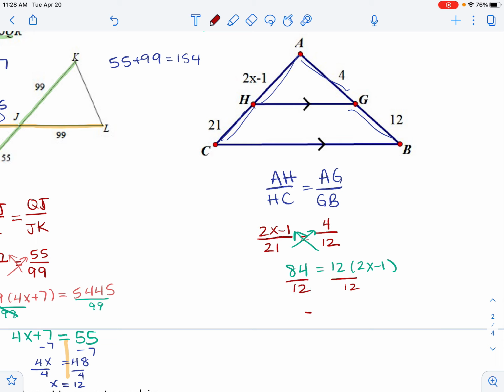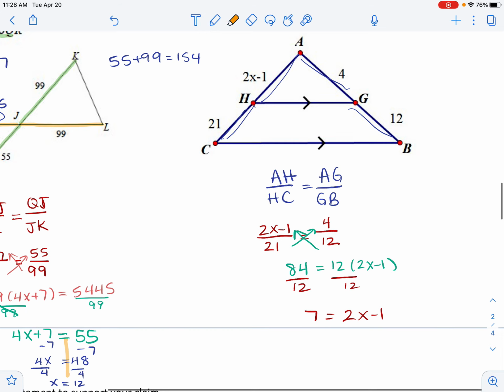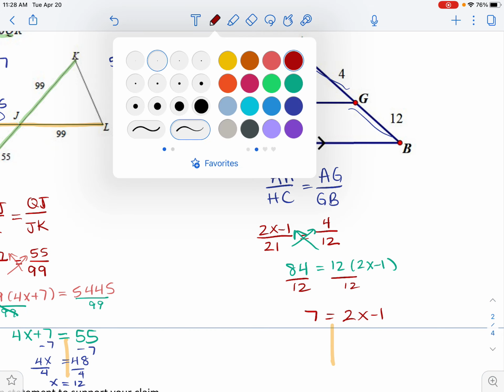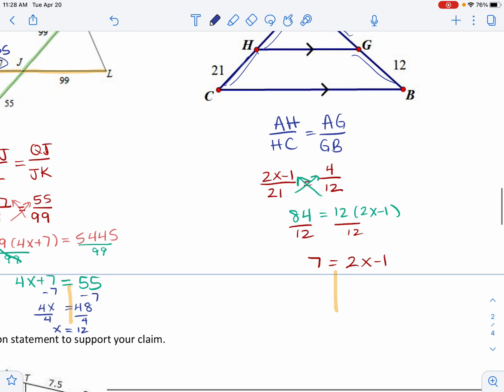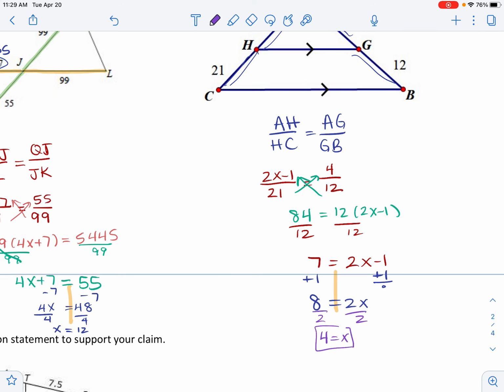And I get 7 equals 2x minus 1. And now we're into solving. I'm going to start by adding 1 to both sides because I need it to cancel out. So 8 equals 2x. And then the next thing I want to do is divide both sides by 2, and I get 4 equals x.